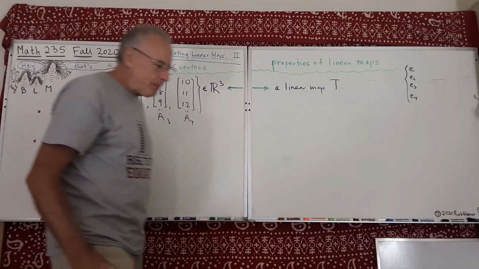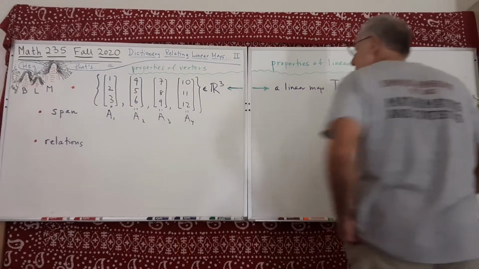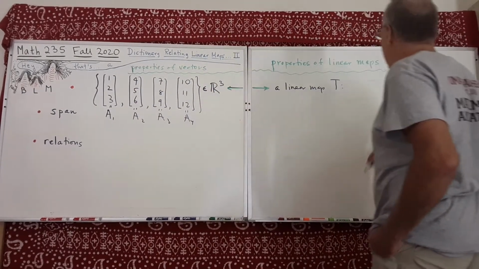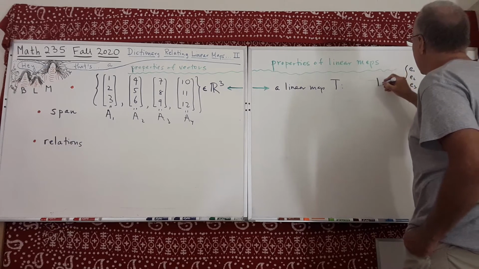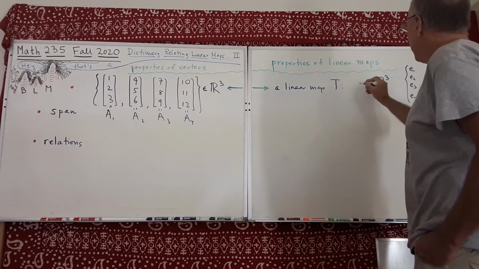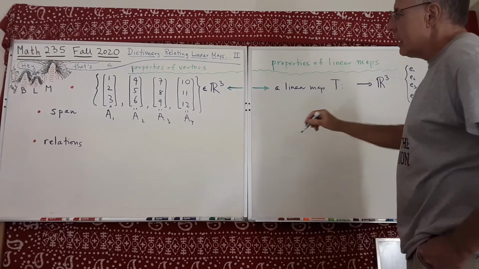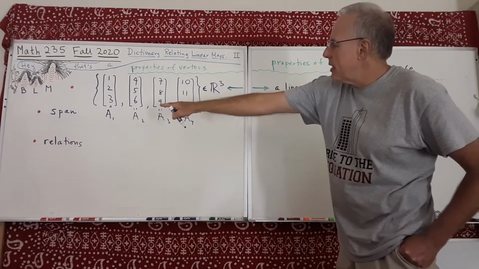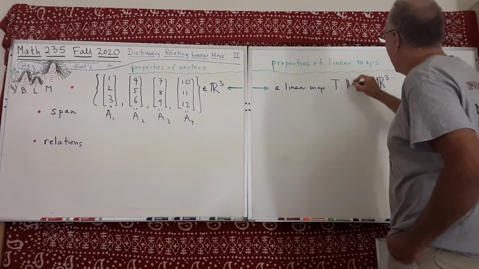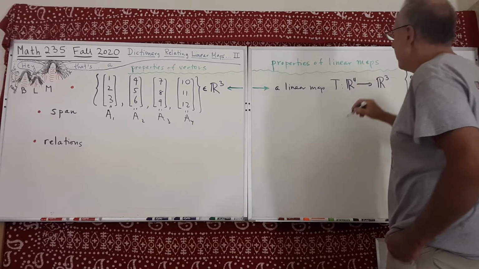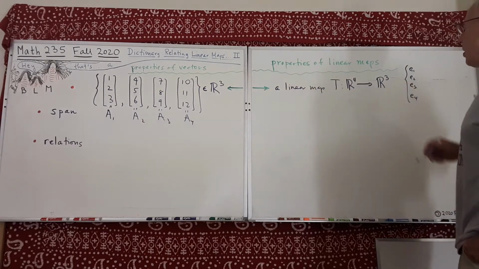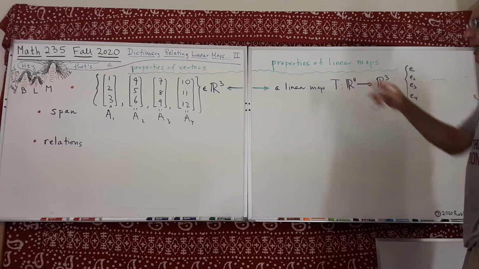The linear map ends up in the same space as the vectors are, so the codomain is going to be R3, and the domain of the map just depends on the number of vectors I have. There are 4 vectors here, so it'll be R4. So I can think of an ordered set of vectors as giving me a linear map from R4 to R3 in this case.